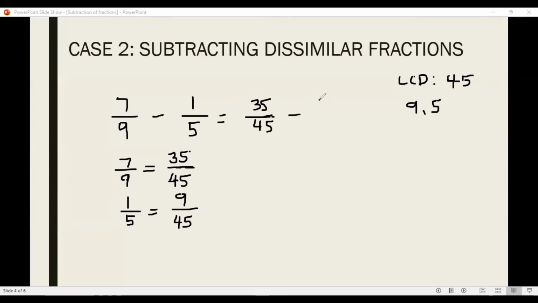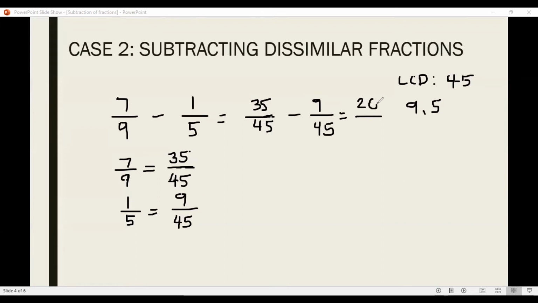So we will now change the 1/5 to 9 over 45. So our aim, which is to make them similar fractions, is already solved. So therefore, we just have to follow the rule wherein we just subtract the numerators. So subtracting 35 and 9, the answer that we will be getting there is 26.